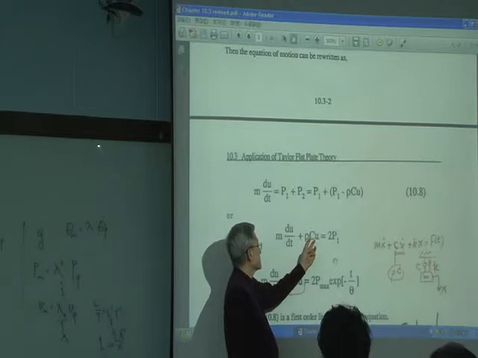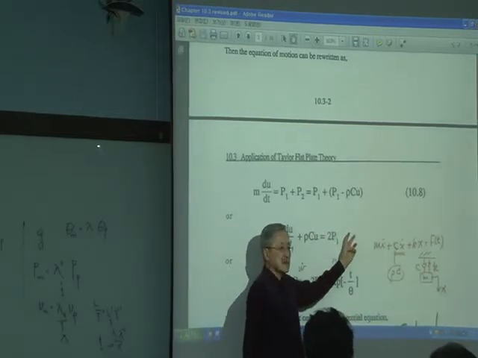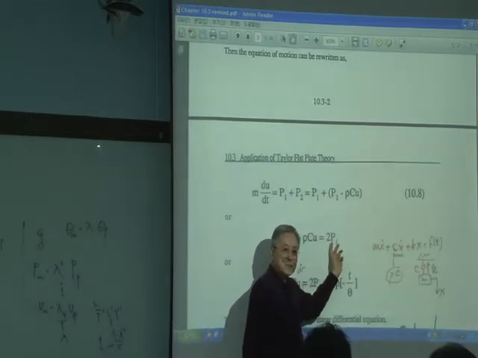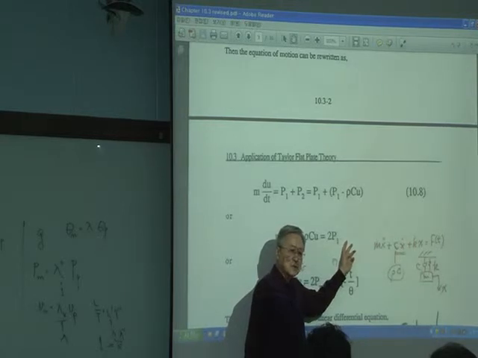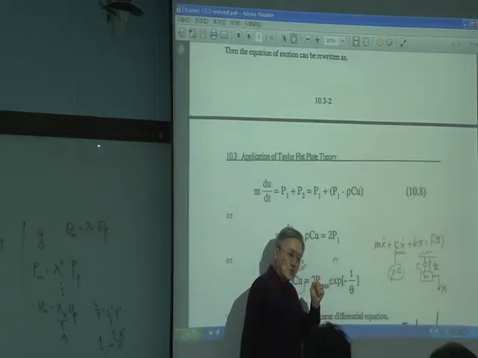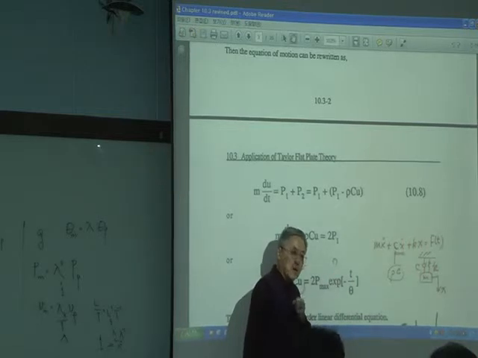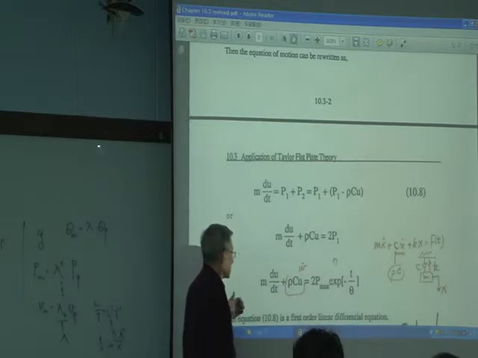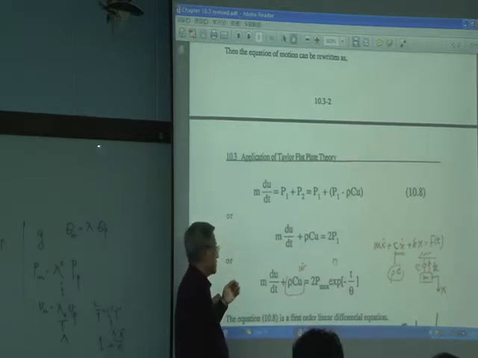Of course, if you put this on that side, 2P1 minus rho C U is really the pressure absorbed by the plate. It's absorbed because it has a damping nature, absorbed right in the plate. You can think of it that way.